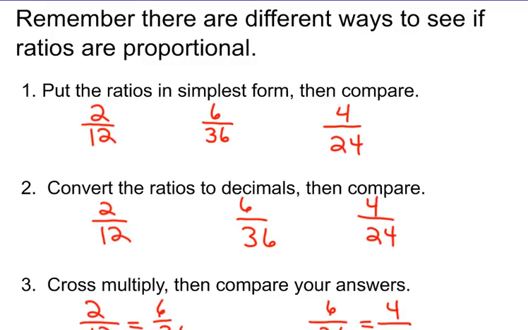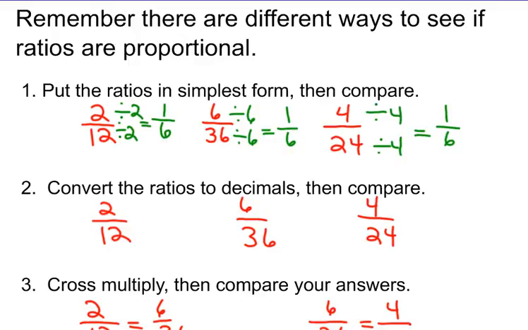Remember, there are different ways to see if ratios are proportional. The first way is to put the ratios in simplest form and then compare. For the first ratio, 2/12, if I divide the top and bottom both by 2, I'll put it in the simplest form of 1/6. Now I'm going to do the same thing with 6/36. If I divide both the numerator and the denominator by 6, that fraction or ratio will reduce to 1/6.